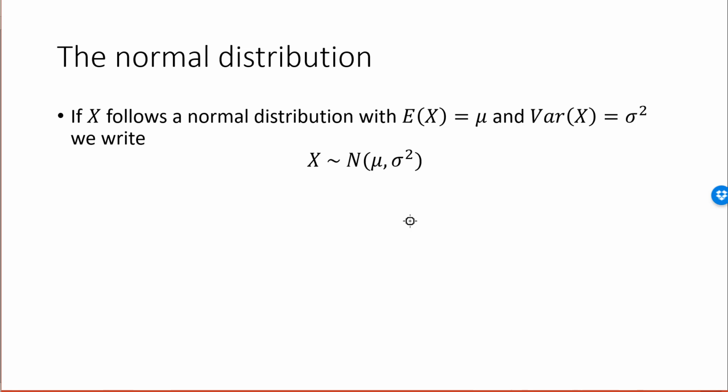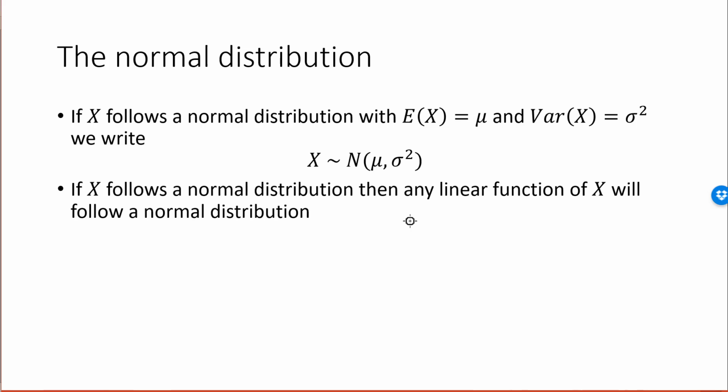And you can find the expected value and the variance according to the previous lecture on how to find the expected value and the variance of a linear function of a random variable. So this is an important property. Keep in mind that this does not hold for all random variables. If you have a random variable following another distribution, let's say chi-square, then taking a linear function of that will not follow a chi-square. But for the normal, we can always know that the linear function is normal.